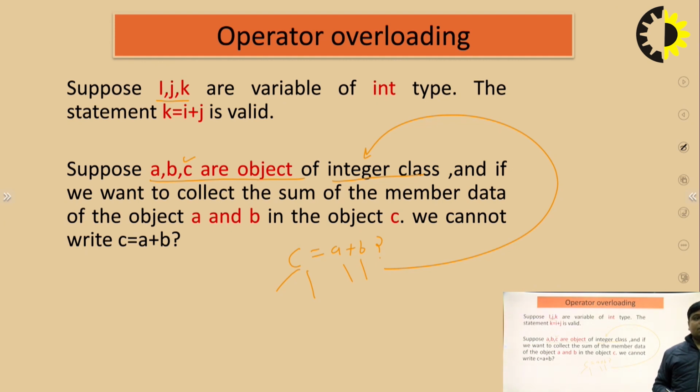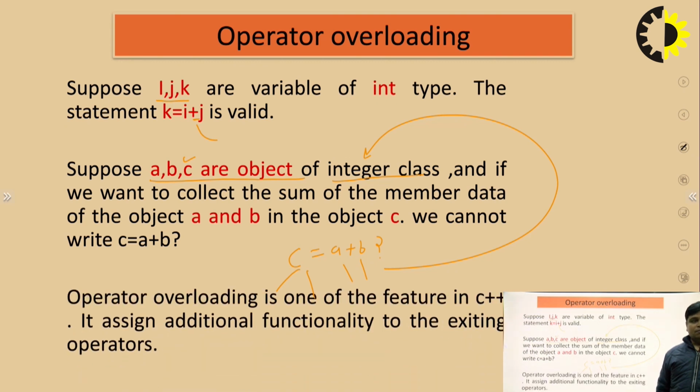The operator plus is capable of working on integer, on float, and on concatenating two strings, but this operator does not work with object types, because A, B, C are objects of the integer class.